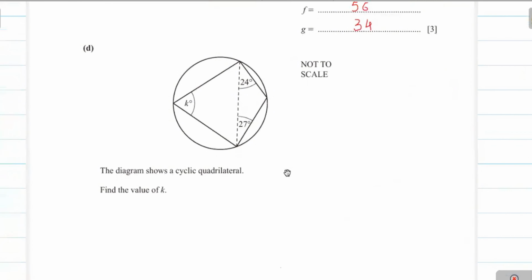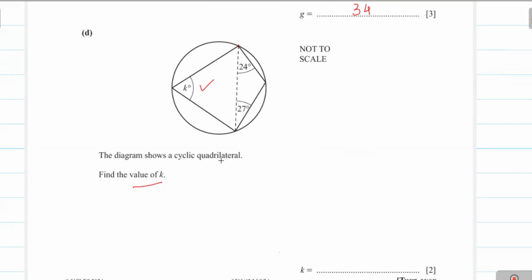Next up, part D. The diagram shows a cyclic quadrilateral. Find the value of K. Look here, this is the triangle, and in this triangle, two angles are given. We can calculate the third, unknown angle and name it X degrees. 24 plus 27 plus X degrees will be equal to 180 because the sum of interior angles of a triangle is equal to 180.